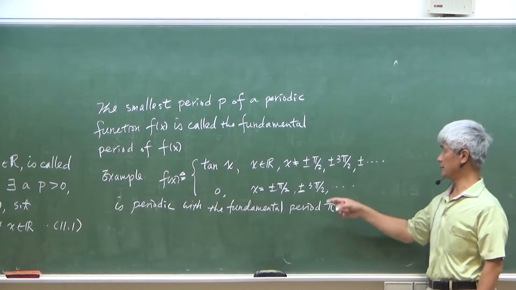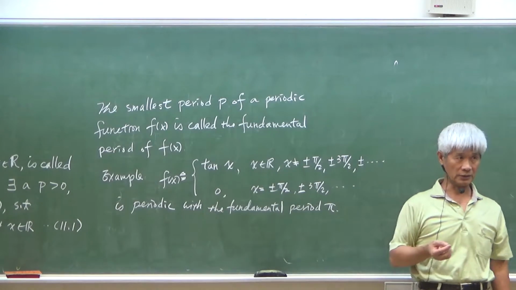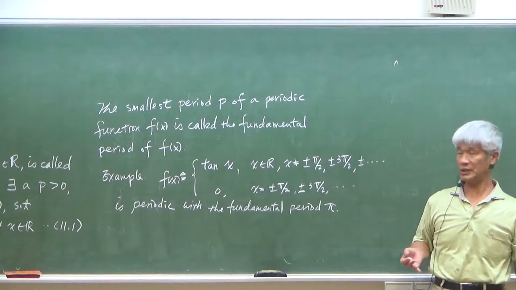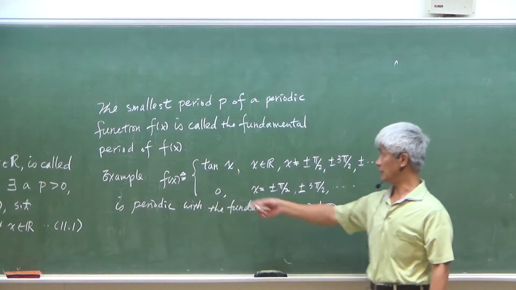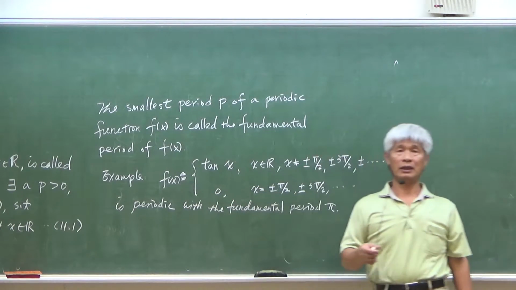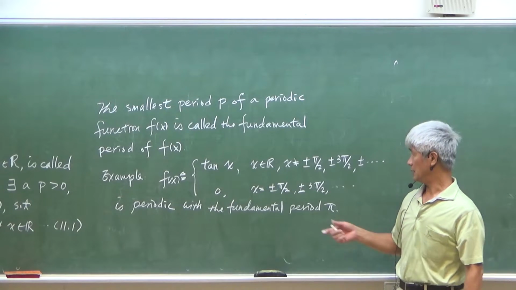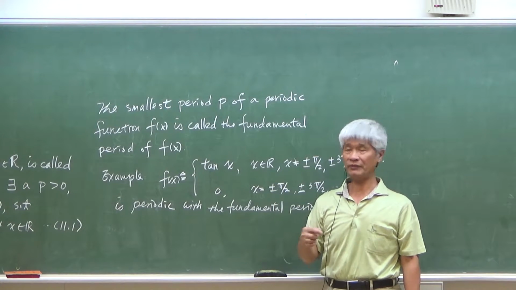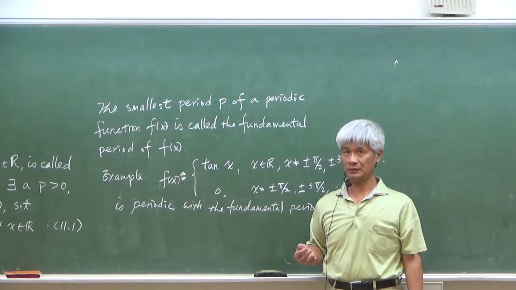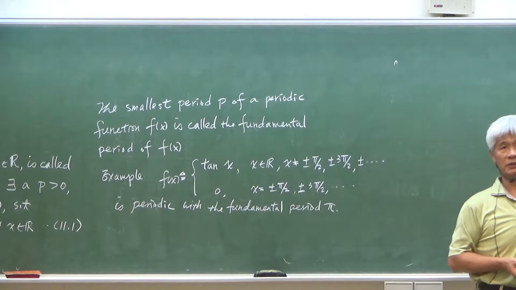So the smallest period of this periodic function is pi. You can say that 2 times pi is a period of this function, and 10 times pi is another period. There are infinitely many periods for this periodic function, but there is only one fundamental period.